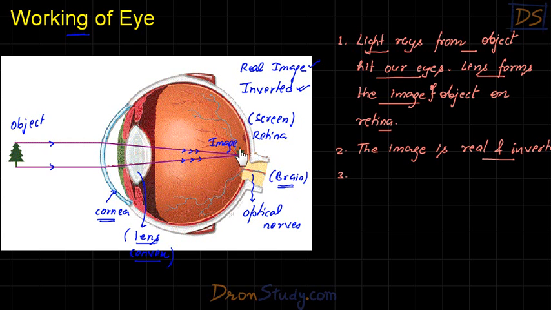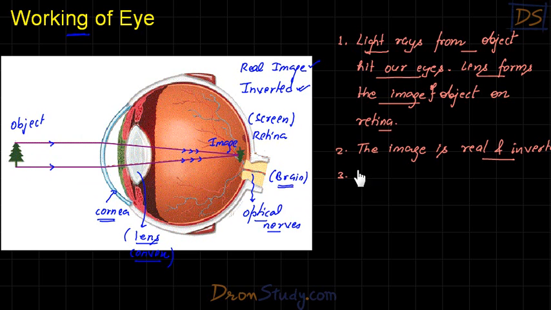When this image is formed, these optical nerves become active. They take the information of this image to our brain. So our brain is able to process this information, and that's how we feel that okay, there is an object in front of us.